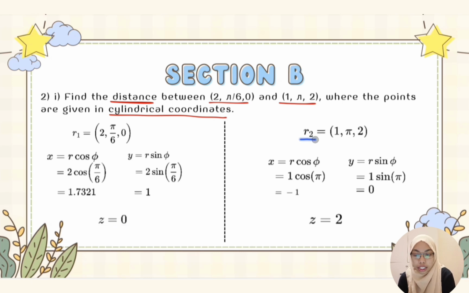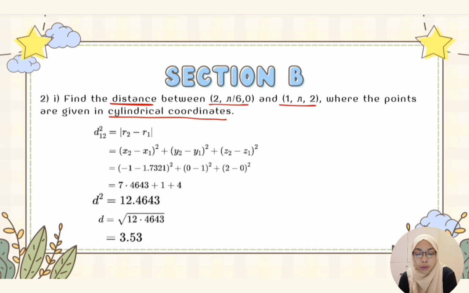Next, for r2, x equal to r cos phi equal to 1 cos pi, and we can get negative 1. Y equal to r sin phi equal to 1 sin pi, and we can get 0. And z, we can get 2. This formula, you can refer to the appendix. After we know the coordinates for r1 and r2 in Cartesian coordinates, we can find the distance.